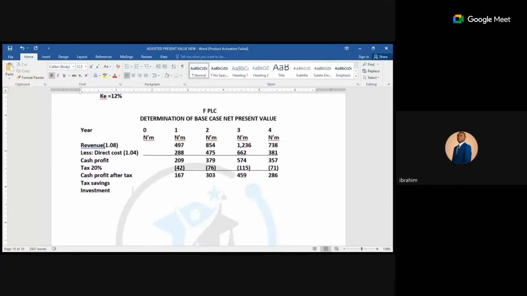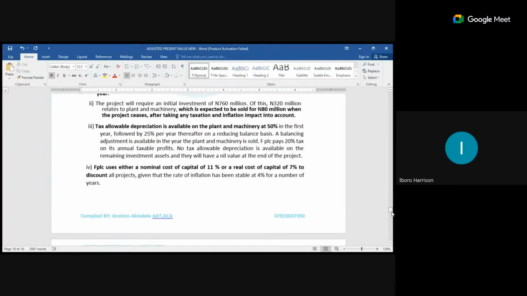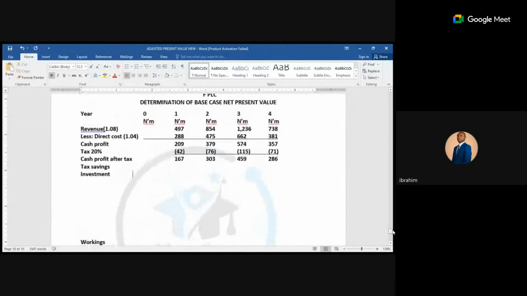I'll come back to the question. 760. Then the sales proceed. We should not forget that it will be sold at the end of the project. What is the sales proceed? 80 million.